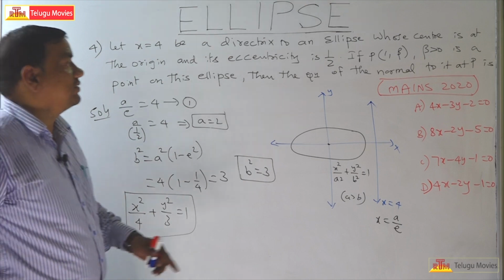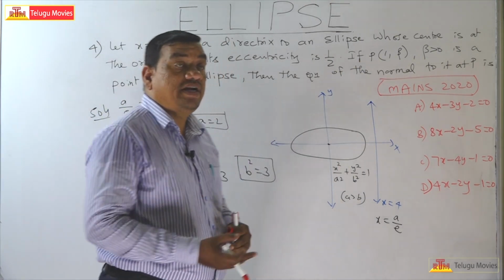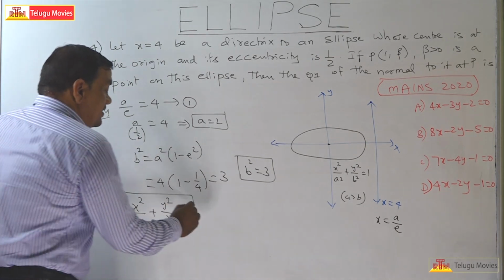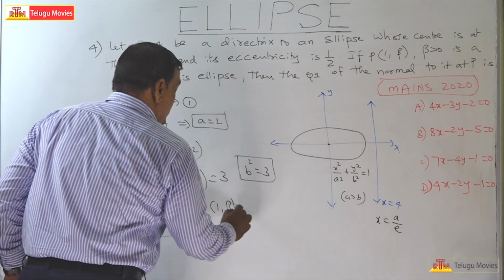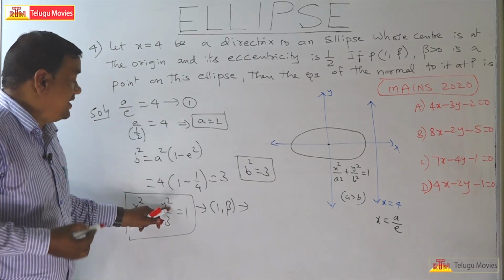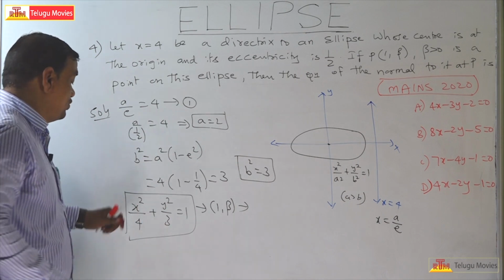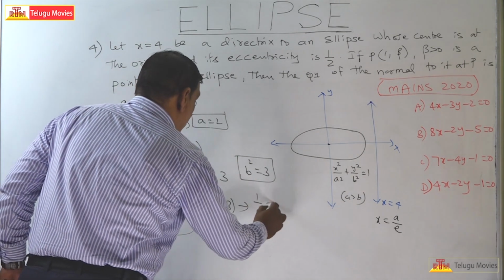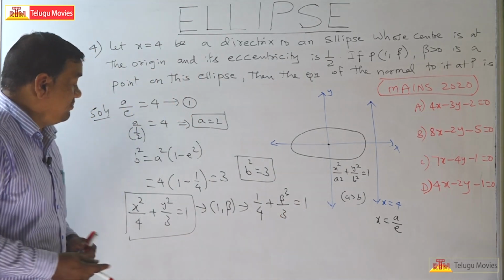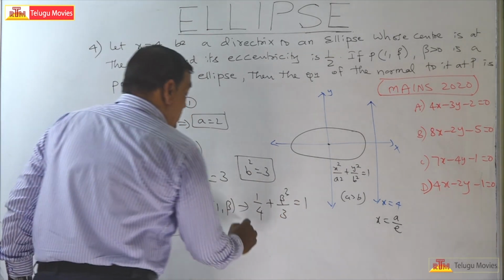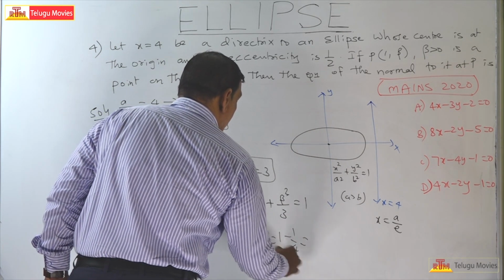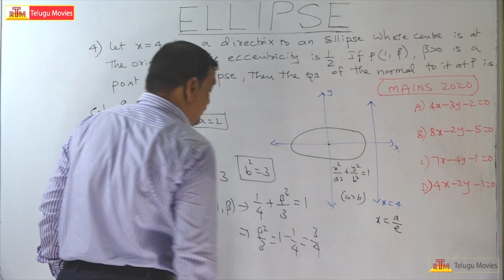Now, the second part. If (1, beta) is a point on this ellipse, wherever x is there, substitute 1, and wherever y is there, substitute beta. So here it is 1 by 4 plus beta square by 3 is equal to 1. From this, solve for the beta value. Beta square by 3 is equal to 1 minus 1 by 4, which is 3 by 4.